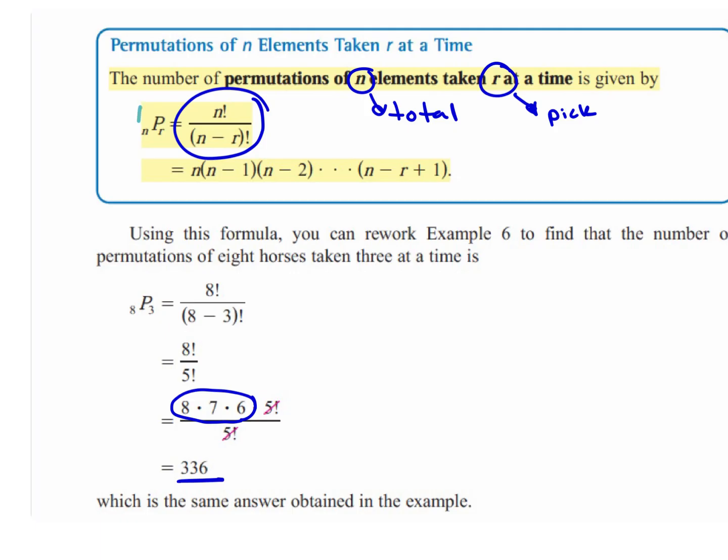This is actually a button in our calculator. In my calculator, I would have to do 8 first, so the total. Then I have a button that is NPR, and then I would click 3 and then equals. To find this NPR button in my calculator, I click on the PRB button.